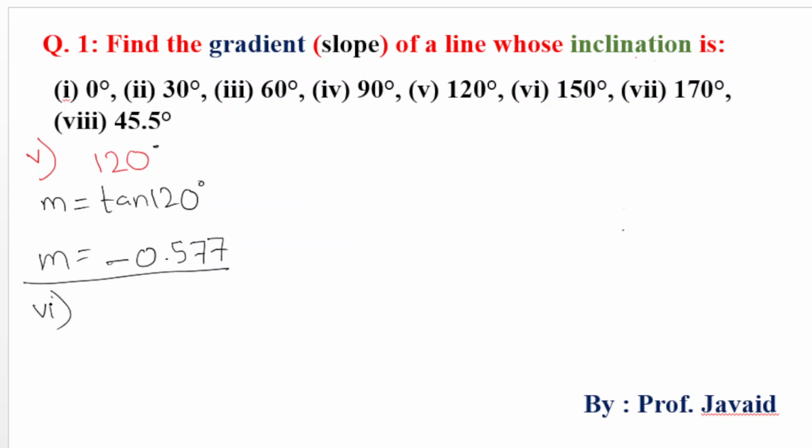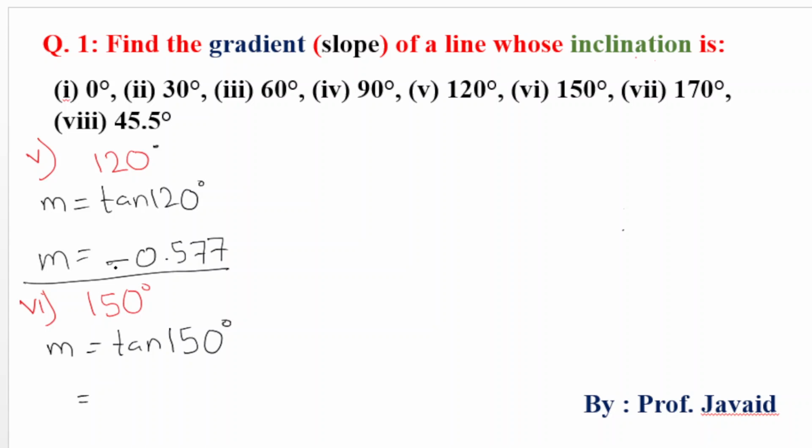So the next part is the sixth part. The sixth part is basically 150 degree. Let me write. Now we will write the formula. In the exam, don't go direct because every step has its own marks. If you miss a step, the examiner can deduct your marks. So let me solve it. tan 150.